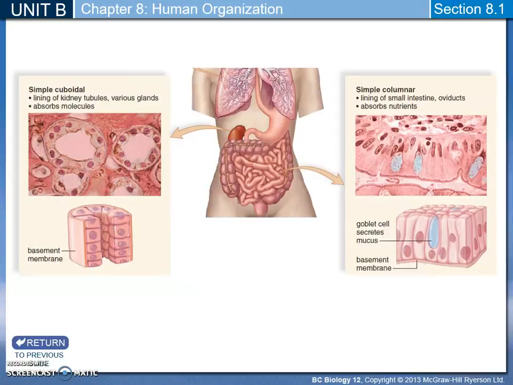Then on the right you see the simple columnar, again attached to the basement membrane, and in this case you can see they've drawn in the goblet cells as well, which secrete mucus. You would find these in the lining of the small intestine and the oviducts, and again, there's absorption of nutrients with these particular cells.